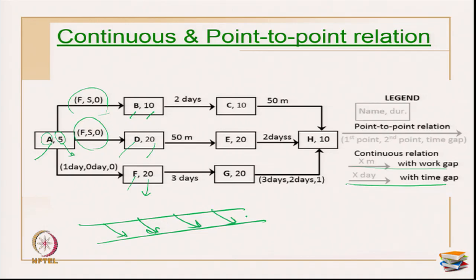When you are talking about repetitive activities, for example, let us assume I am doing excavation with one stretch, second unit, third unit and so on, and suppose you want to maintain a continuous interval between all these segments, then I may have to maintain a time gap or it may be a distance gap.